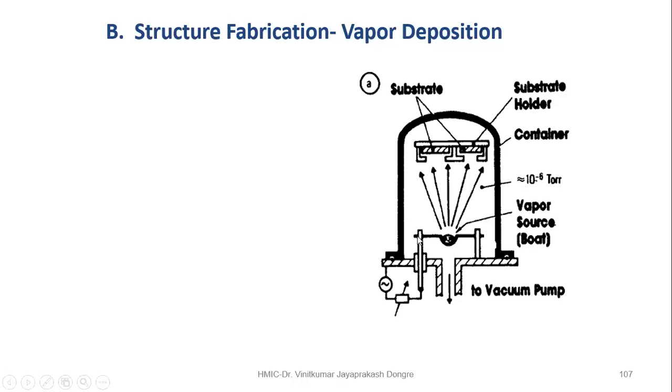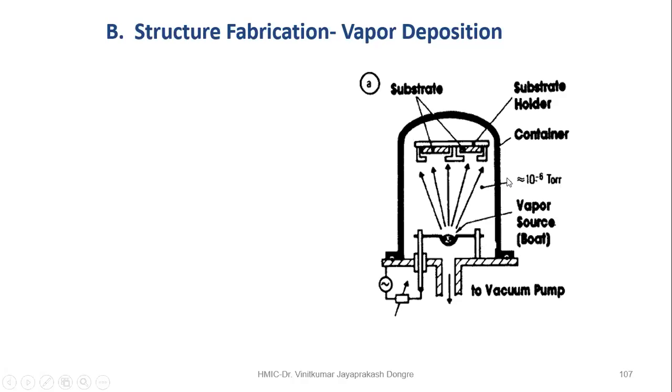The material vapor source, whatever deposition you have to put, is kept here in what you can call a boat, a boat-like structure. The material is kept here, and it is given electric heating, and it evaporates. Before the evaporation, this vacuum pump gives the required pressure.